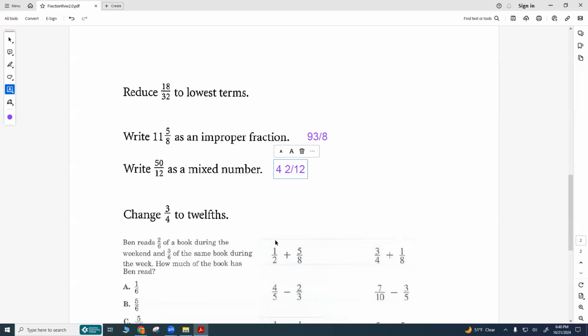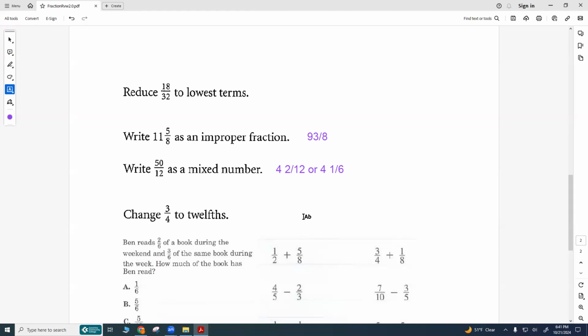Now, when I look at 2/12, I then know that I need to reduce that to simplest form. 2 over 12, I can divide a 2 out of the top and the bottom. So it's 4 and 1/6. Okay. So you just divide, and then whatever your remainder is becomes your numerator. Denominator stays the same. Okay.